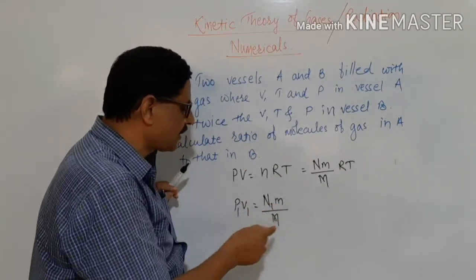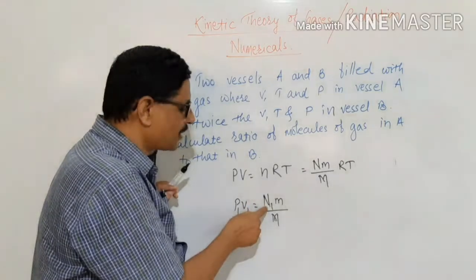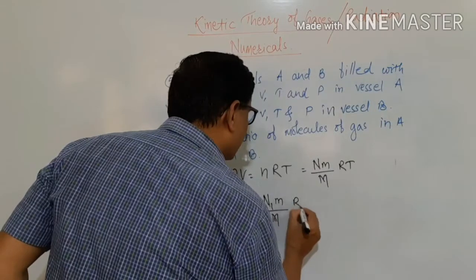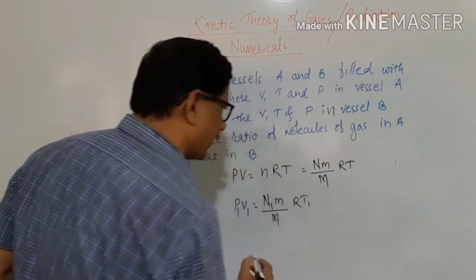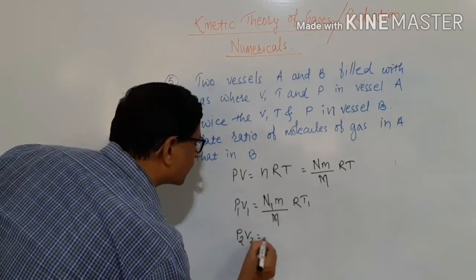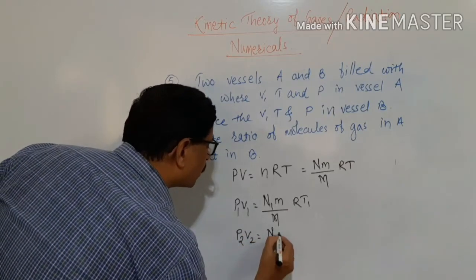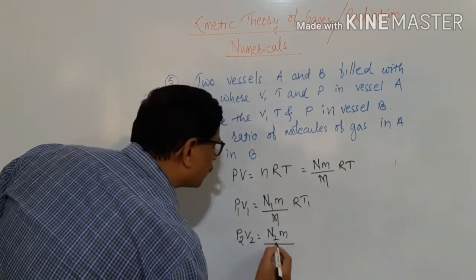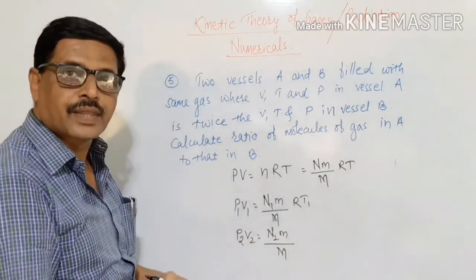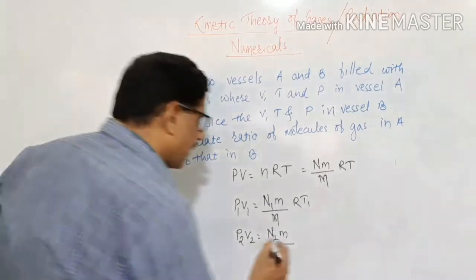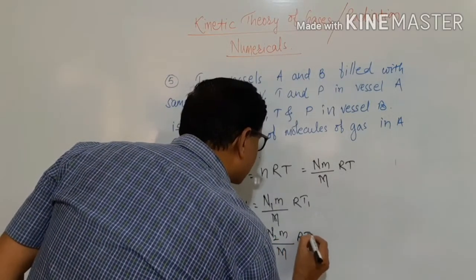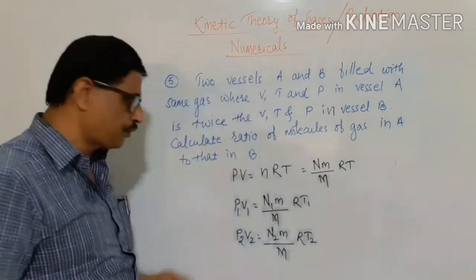The only difference is that the number of molecules are different, therefore I have taken N1 here, and thereafter R is the universal gas constant, therefore it is T1. And I will write the same as P2 V2 is equal to N2 into the mass of each molecule small m, molar mass capital M, as it is the same for the gas, and then the universal gas constant capital R into T2.